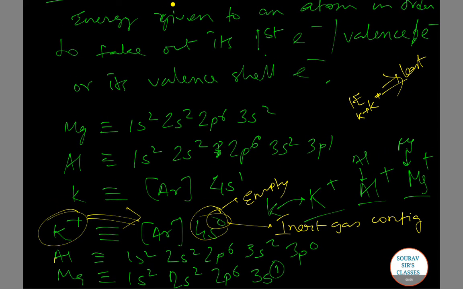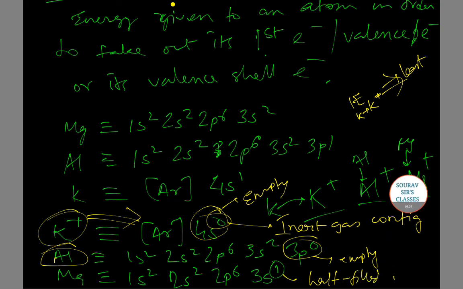For aluminium, it has no electrons in its p shell, so 3p is 0. As a result, aluminium will have a tendency to lose an electron in order to make its 3p orbital empty. But magnesium has a half-filled s orbital, and previously it had a full-filled configuration.